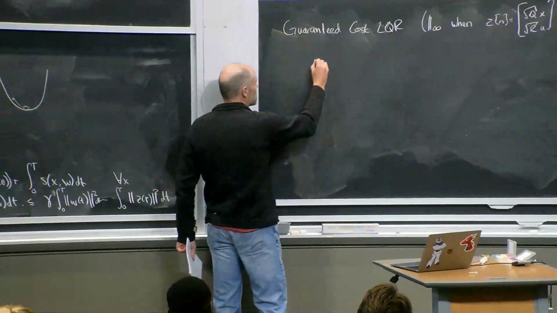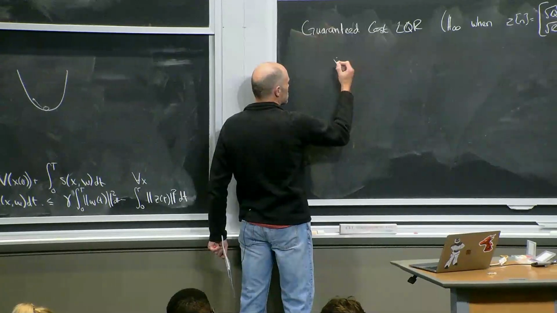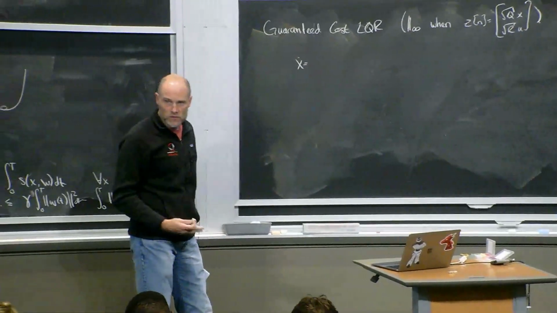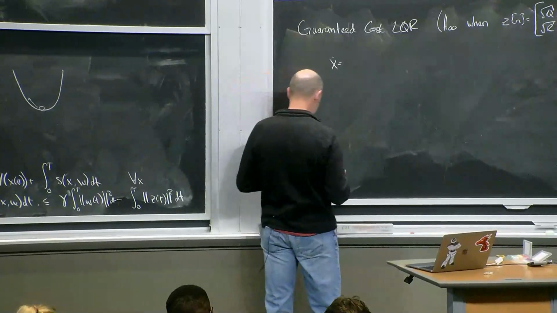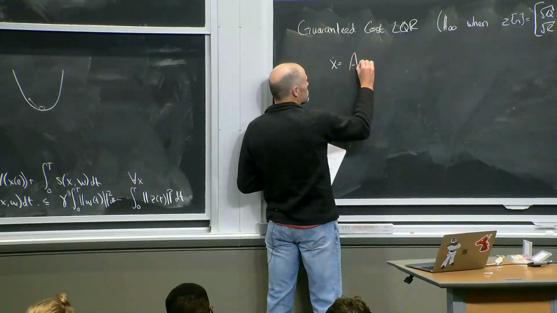Okay, it looks like this. I'll do it in continuous time because you know the Riccati equation in continuous time better, and it works okay. I'm sorry that I switched from discrete to continuous kind of in the middle there.